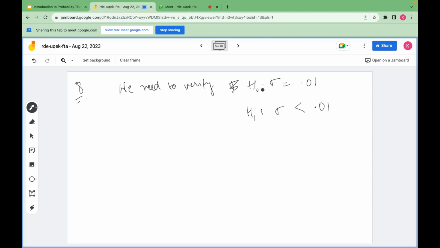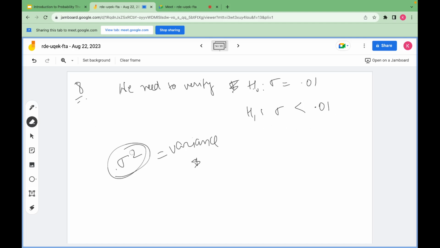This is the standard deviation. We don't know any test which talks about the standard deviation, but we have a test which talks about the variance of the sample or of the population. Sigma and variance are related, as variance is sigma square. So we can use the variance test to check this claim.